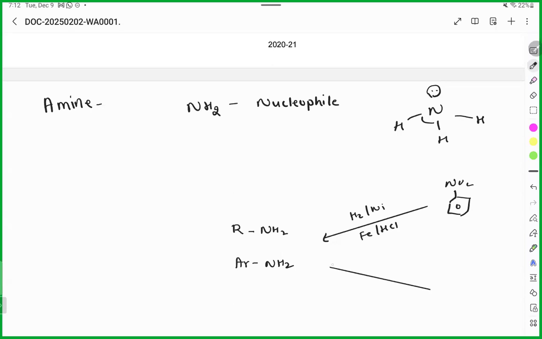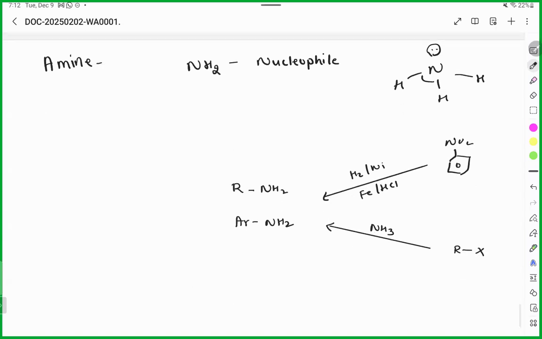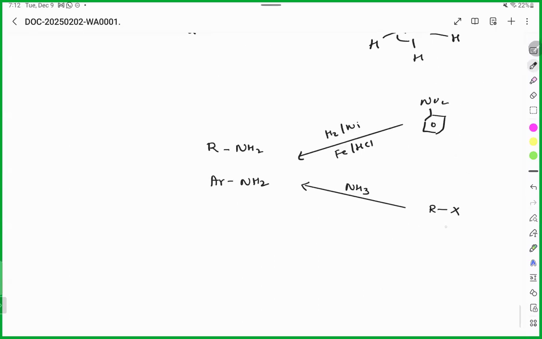Second, you can do same stuff by using ammonia. When alkyl halide reacts with ammonia, this is produced, but only when ammonia is in excess. If alkyl halide is present in excess, then product will be quaternary ammonium halide.